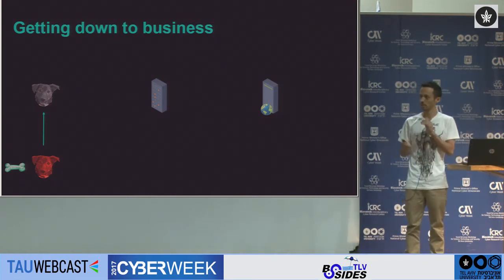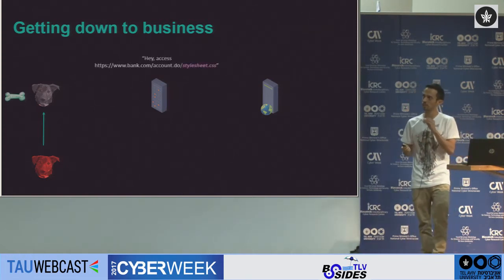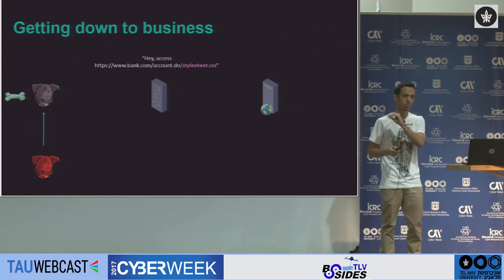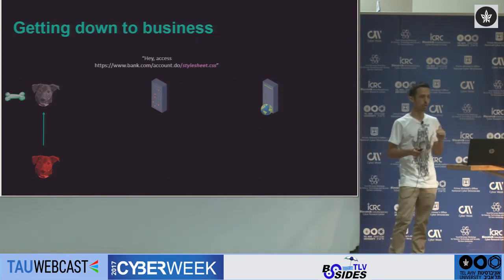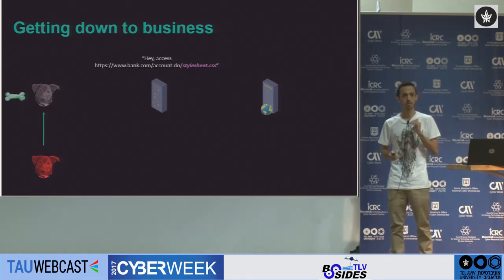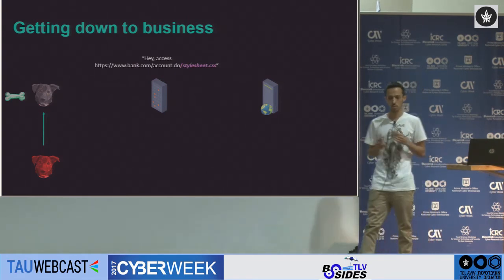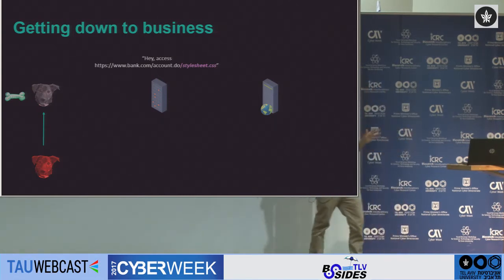But what it means in English, let me translate this for you, is, "Hey, Java, can you please access the URL of your bank account, bank.com/account.do/stylesheet.css," a name of a non-existent file with a static extension. Now, Java is an aware user, okay? She doesn't click any link she receives on Facebook. We taught her well, okay?